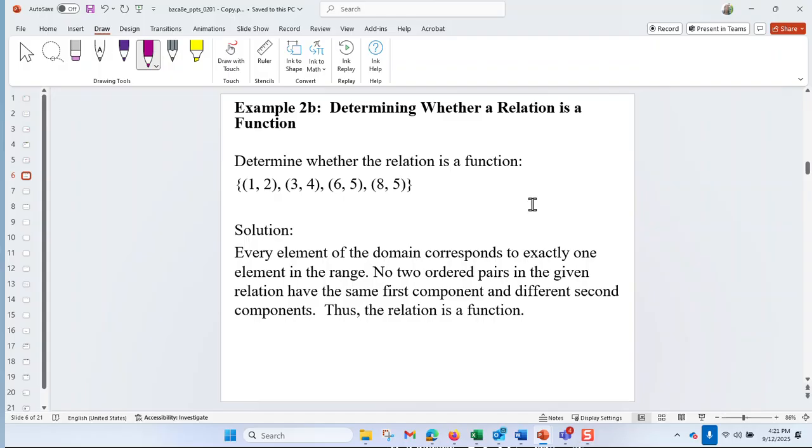We can give it a little bit of graphing. 1 corresponds to 2, 3 corresponds to 4, and then 6 corresponds to 5. 8 also corresponds to 5. Look at that. So this is still a function, right? Because even though these two have the same 5, it's still 1x only having 1y.